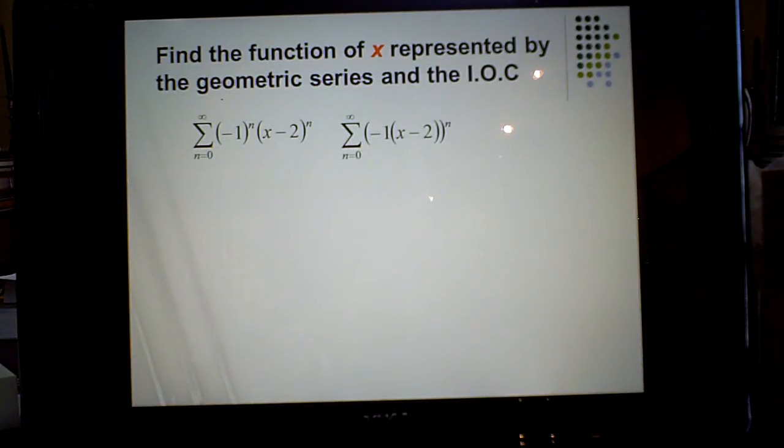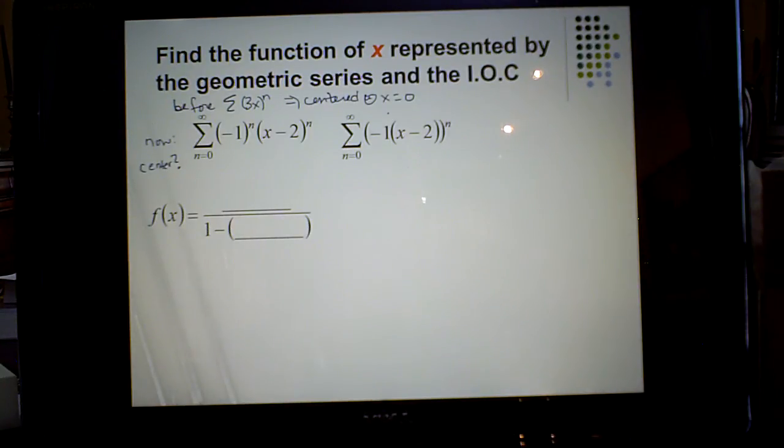Remember, the series we were working with before was 3x to the n, and we said this is centered at 0. This one is not going to be centered at 0. Can you guess where the center is? That's why I leave it in this form. So I'll leave that hanging for a minute.